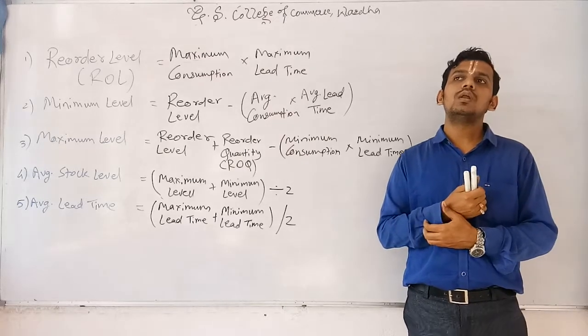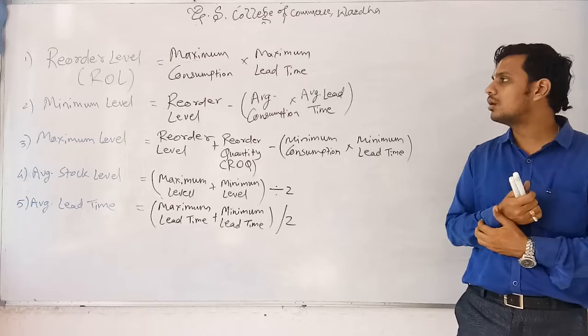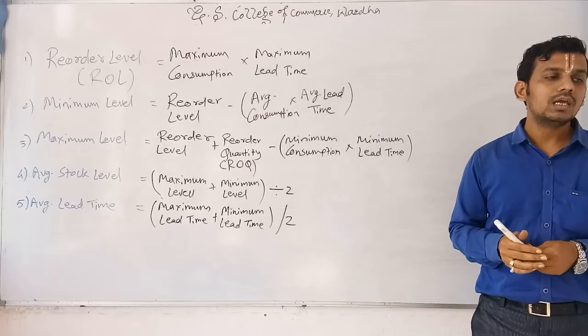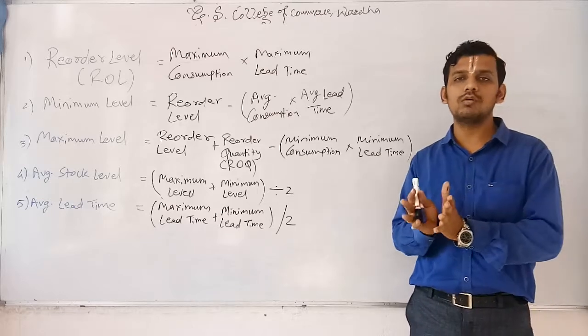Average consumption usually needs to be calculated in the calculation of reorder level. If the normal consumption is given, then normal consumption is equal to average consumption.